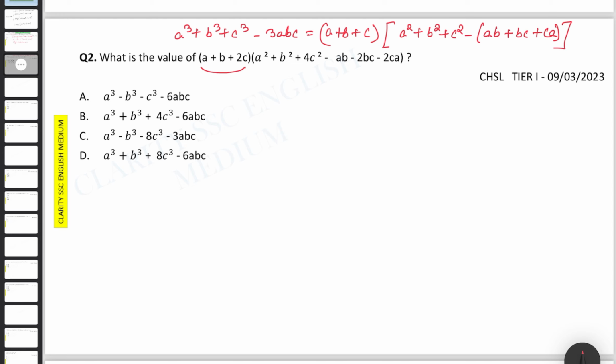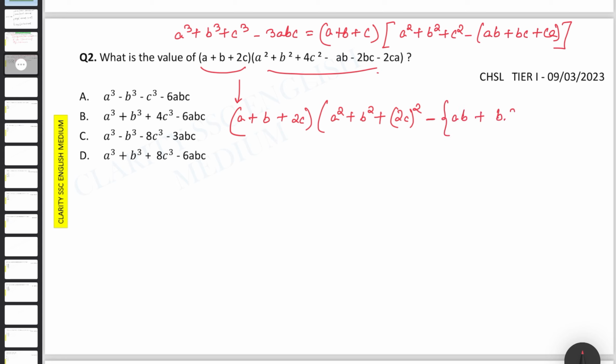See this. a plus b plus 2c into a square plus b square plus 4c square minus ab plus b into 2c plus 2ca.